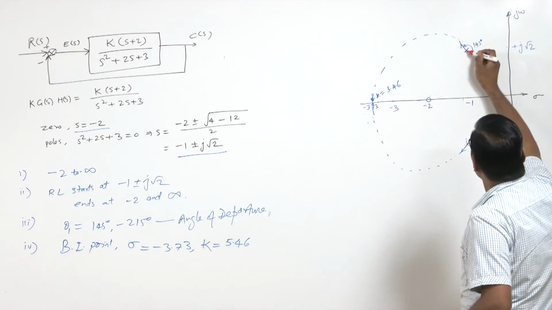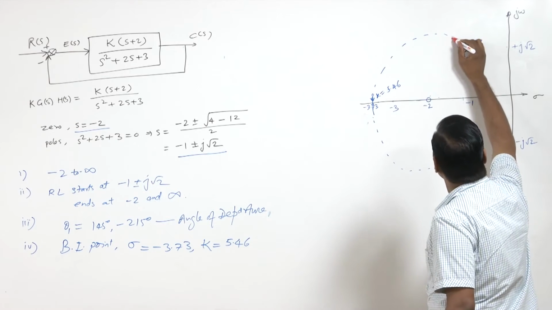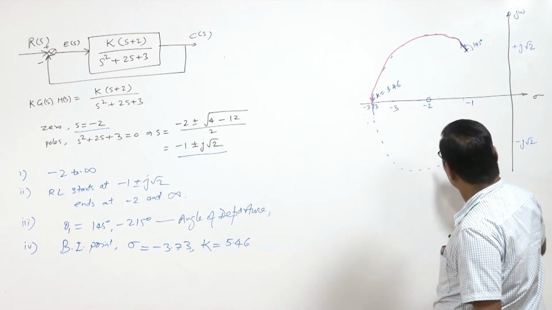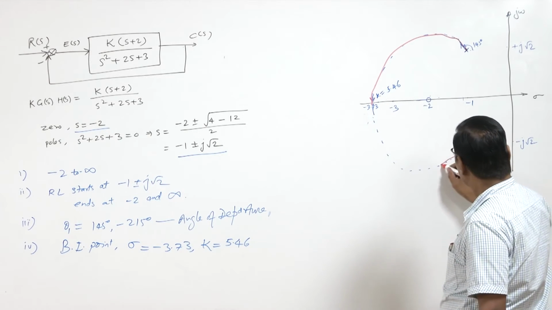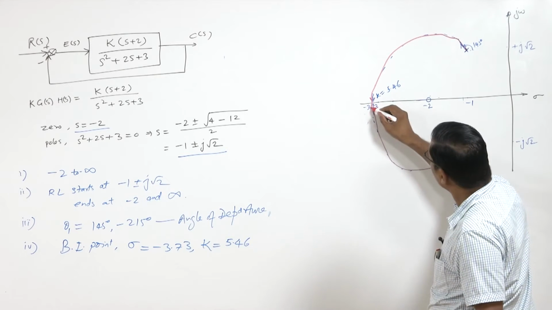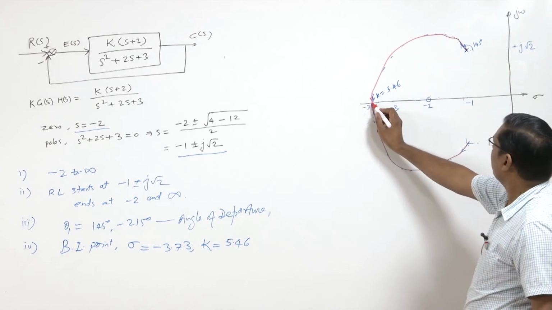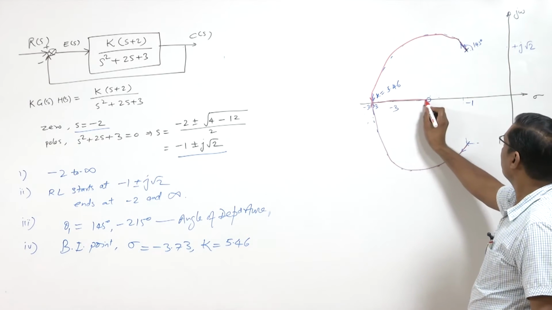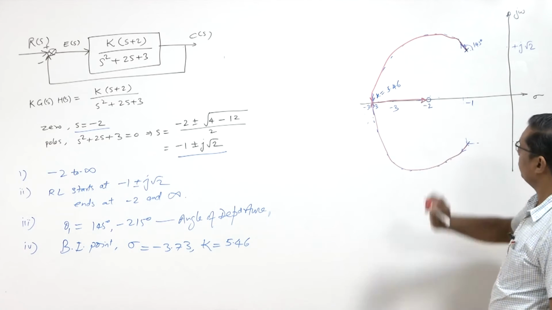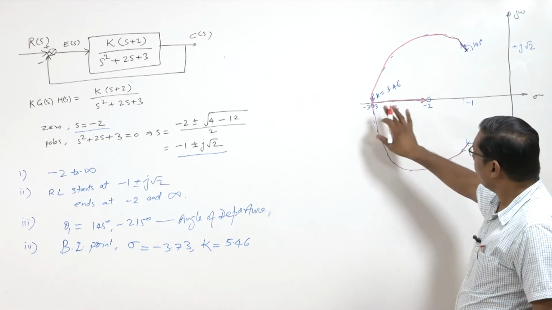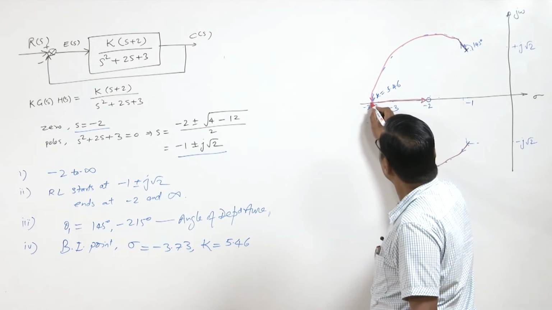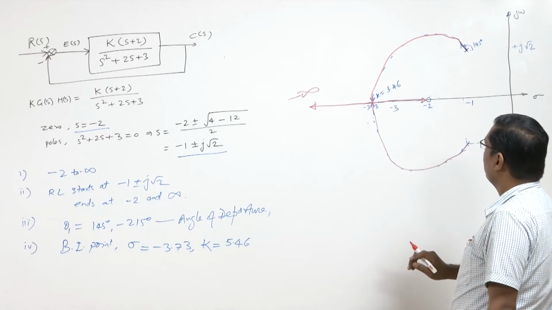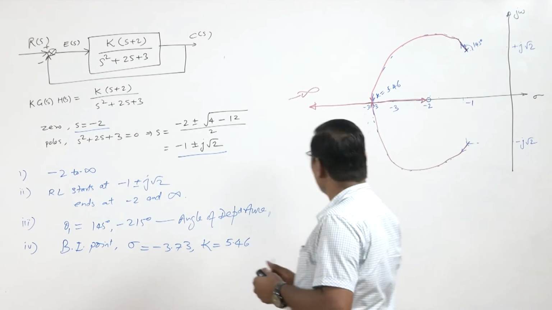The root locus starts from this point, follows some curve here, and reaches there. One branch will end at this 0, because they have to end at 0, and the other one will go towards infinity. So this is the root locus.